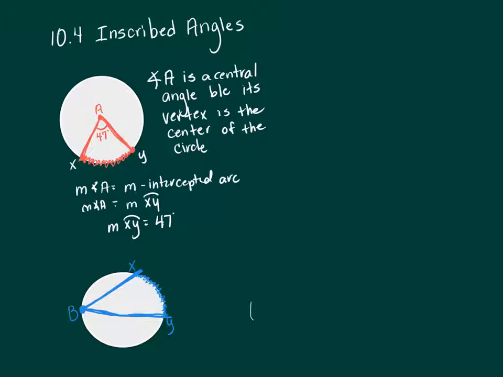An angle that's on my circle like so, angle B, is an inscribed angle. That means its vertex is on the circle.